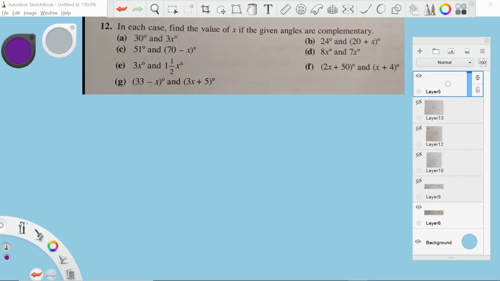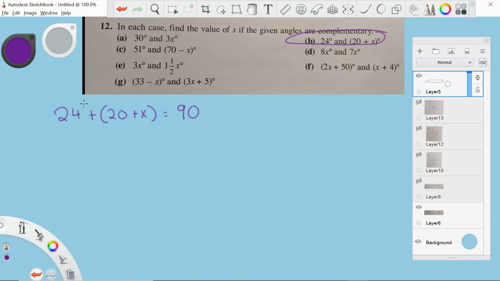Remember, your assignment is to do 12 A, C, E, and G. When I'm working these out, I'm going to use examples from B, D, and F. Let's go ahead and do 12B. If 24 degrees and 20 plus x degrees are complementary, I can write the following expression: 24 plus 20 plus x is equal to 90.